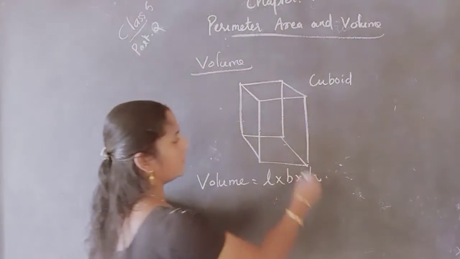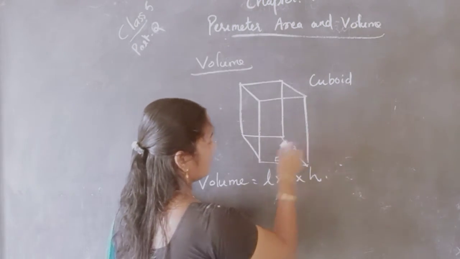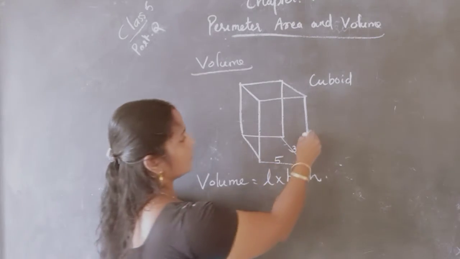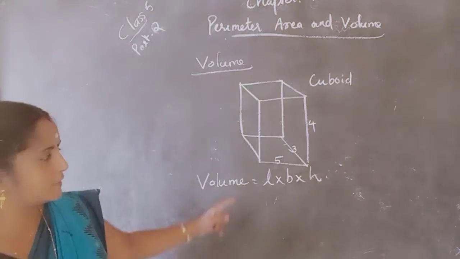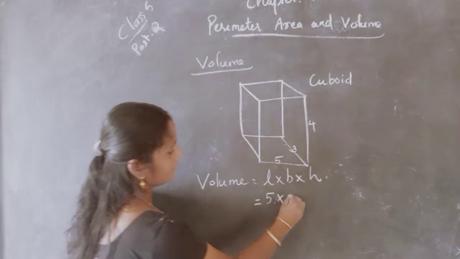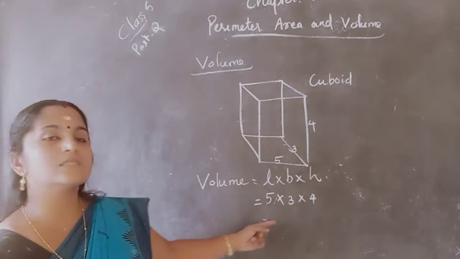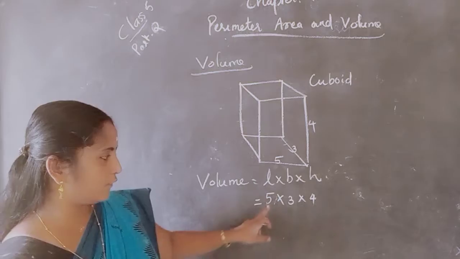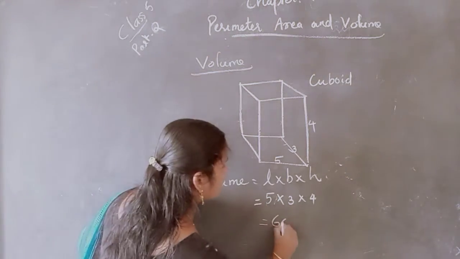For example, if the length is 5, breadth is 3 and height is 4, then what is the volume of this cuboid? If you multiply these 3 measures, 5 3s are 15, 15 into 4, 60 is the volume.